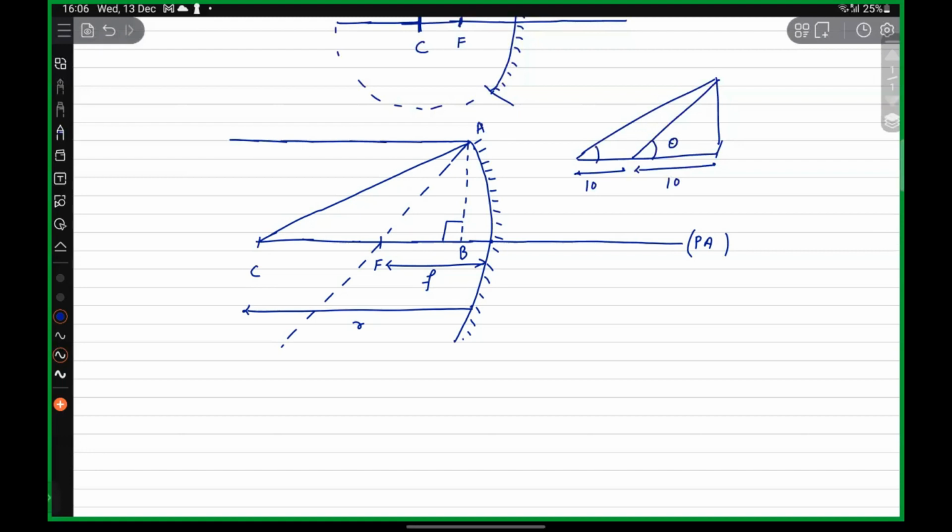Can you follow what I'm trying to do? Yeah, it'll be theta. No, it'll not be theta. If it was theta, then it would make a lot of issues. It'll not be 2 theta.